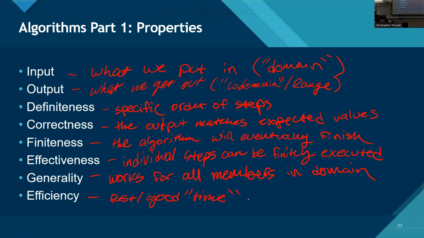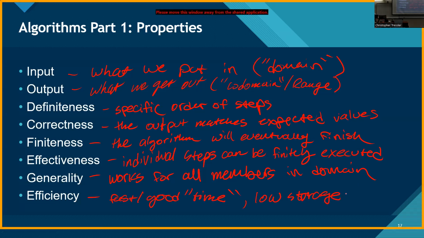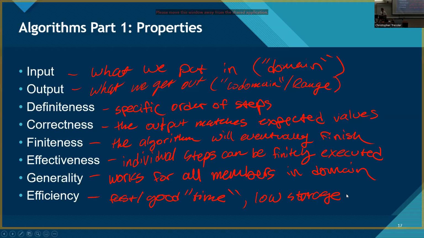And then there's actually one other factor. Any guesses? Memory, yeah, storage. Low storage. We don't want to use any solutions that are going to take a lot longer, which goes into the time complexity, which is something we will obviously be getting into very soon. We also do not want algorithms that store a lot of excess data. We do not want algorithms that take up a lot of extra memory that we don't really need.